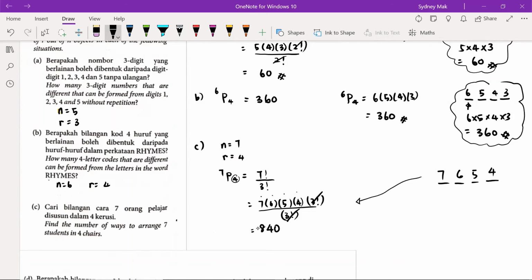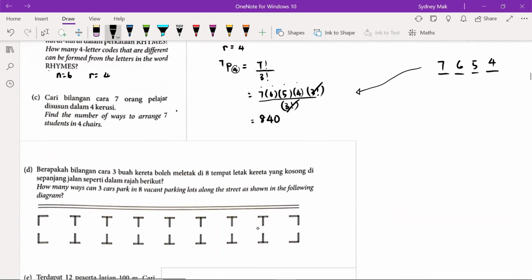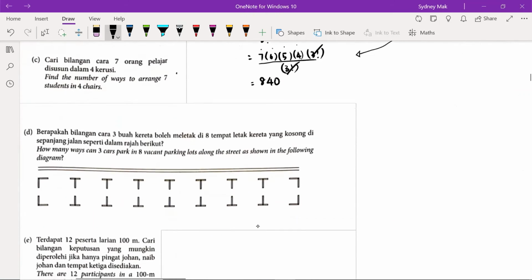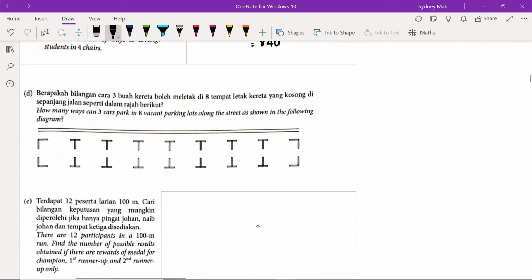Now let us move on to part D. How many ways can 3 cars park in 8 vacant parking lots along the street as shown in the following diagram? We have 8 parking lots, so our n is 8, and our r is 3.